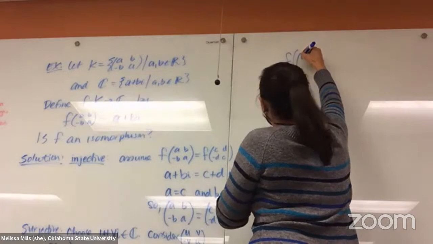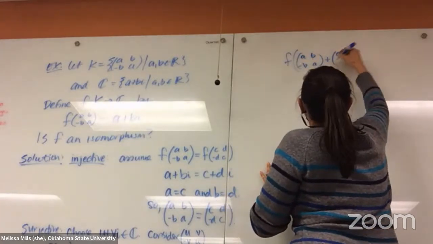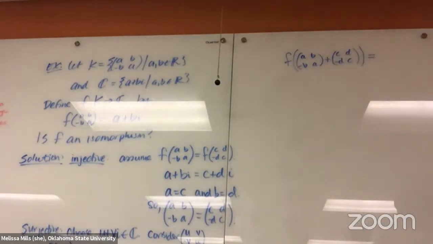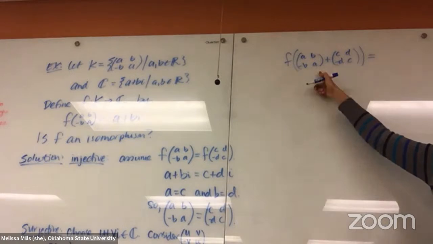Okay, so let's say F of my two matrices: A, B, minus B, A, plus C, D, minus D, C, equals. I can go ahead and add them inside here, right?